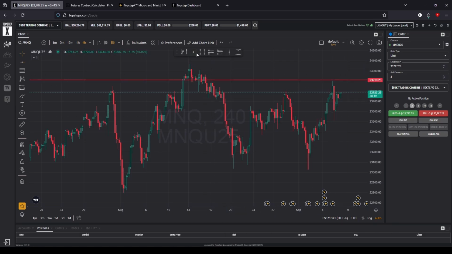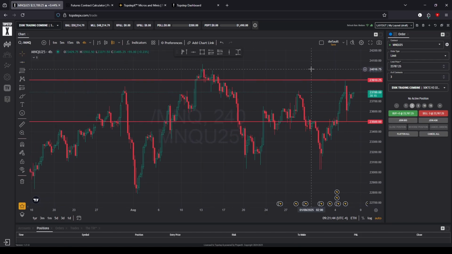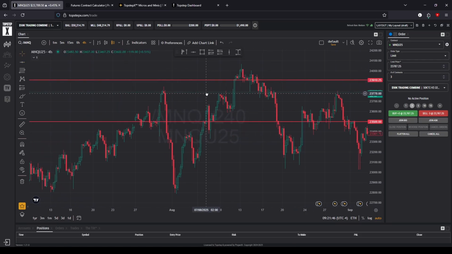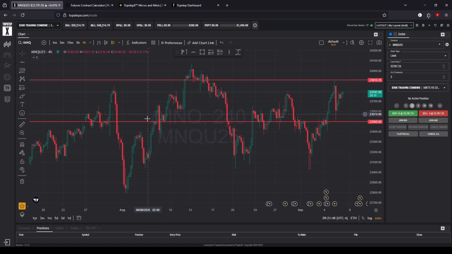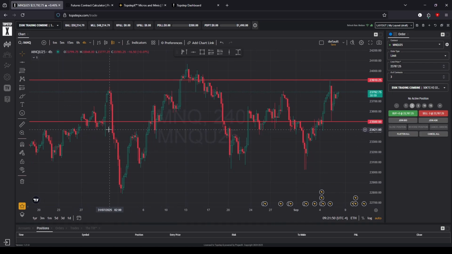I'm just gonna draw some lines to make it simpler. I try to get as much data as I can, but I'm not gonna draw it from months ago. So I'm gonna start from here, for example. This is let's say like 29th or 30th of July.